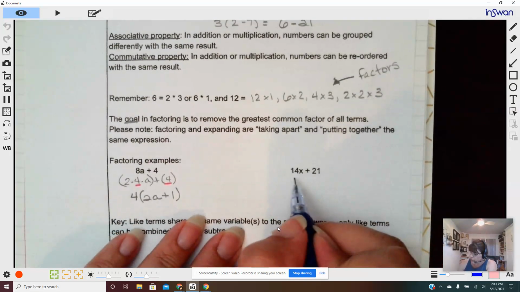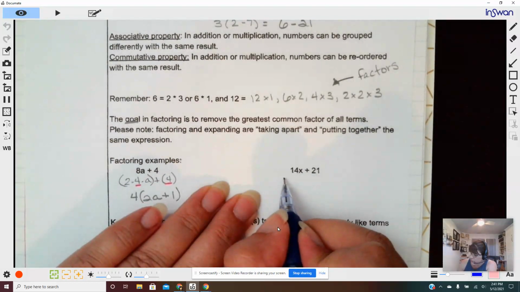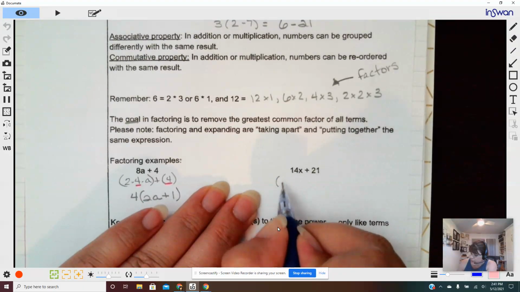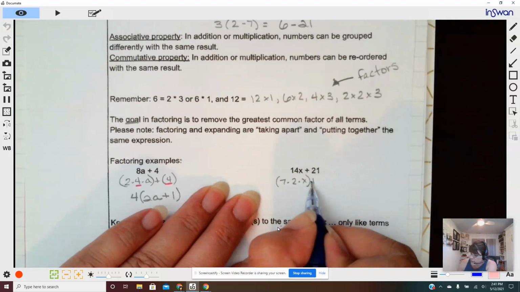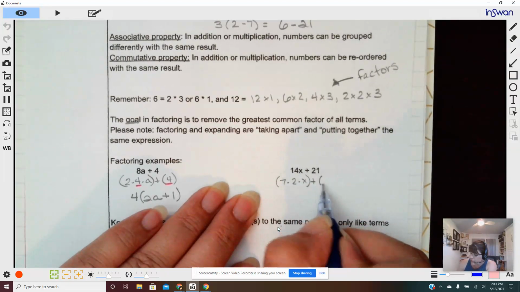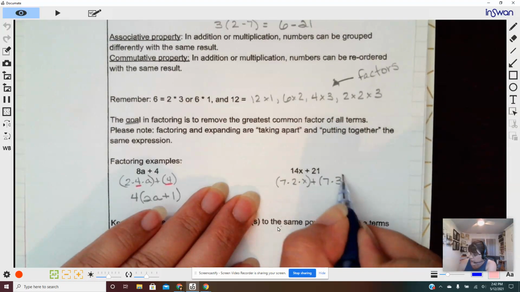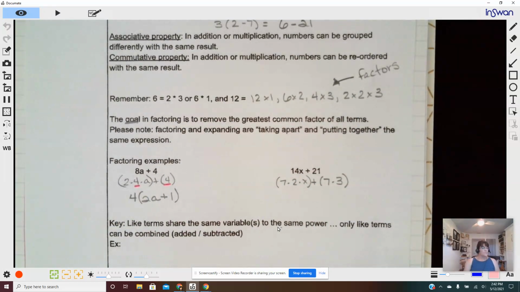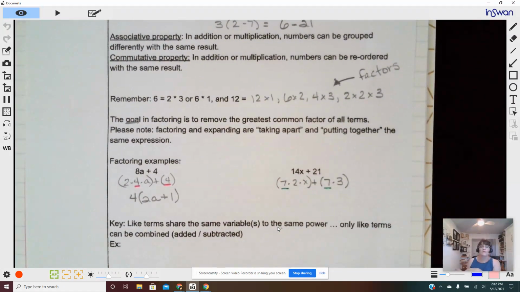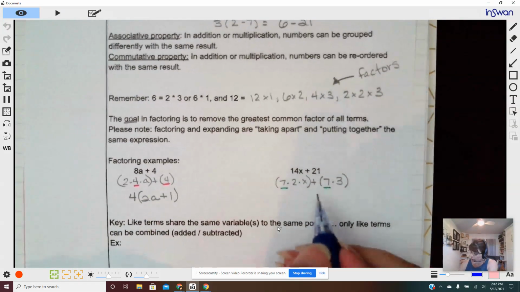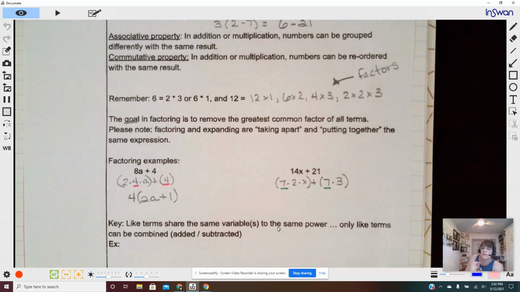Here's another example. 14 is 7 times 2, times x, plus, we'll look at 21, which is 7 times 3. And this one, 7 is a common factor, so I can pull it out.